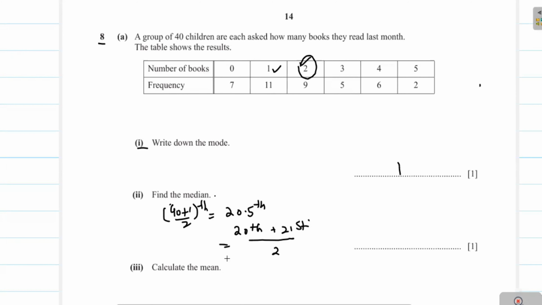You see here, the first 7 values are 0. Next 11 values here are 1. Therefore, the next 19th to 27th values here are 2. Therefore, (2 plus 2) over 2 will be equal to 4 over 2, and this 2 is the middle value. Therefore, 2 is the median of this data.